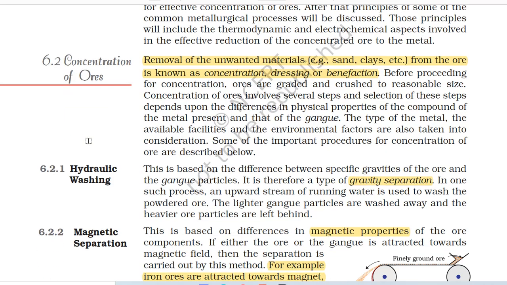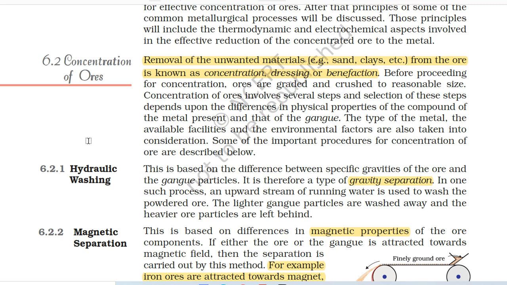6.2 Concentration of ores. Removal of the unwanted materials, for example sand, clays, etc. from the ore is known as concentration, dressing or benefaction. Before proceeding for concentration, ores are graded and crushed to reasonable size.